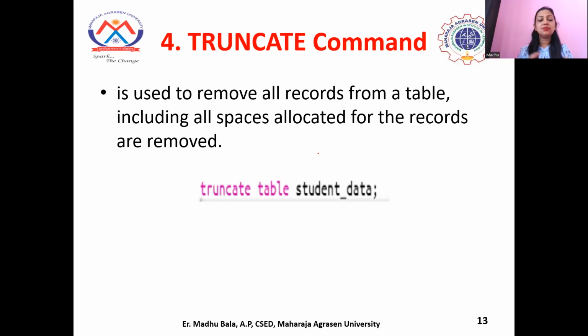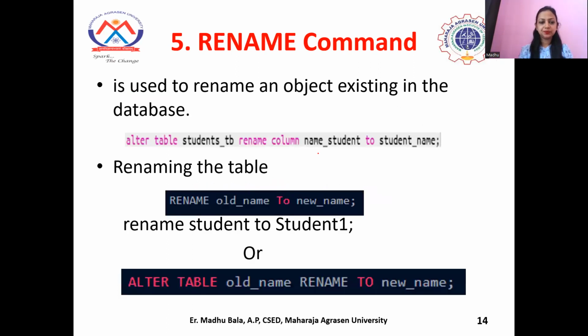But if instead of using truncate command, I write drop table student, then it will delete the entire structure from the database. So we will no longer be able to access that table that was created earlier. So this is the main difference between the two commands. If we make use of truncate command, all the records of a table will be deleted at once. While using drop command, the structure of the table is deleted from the database.